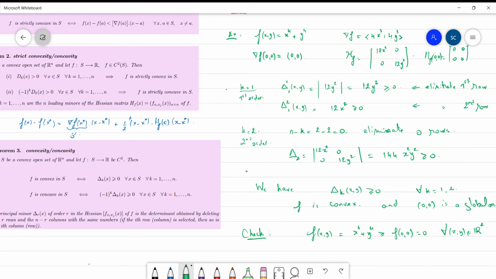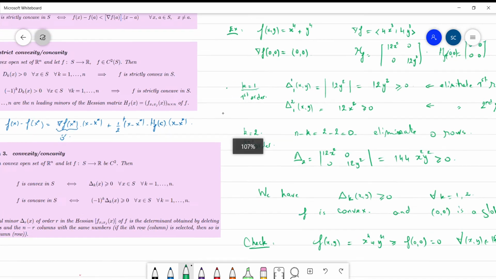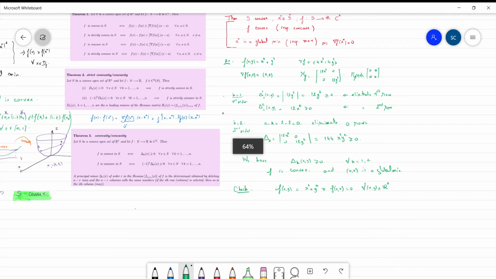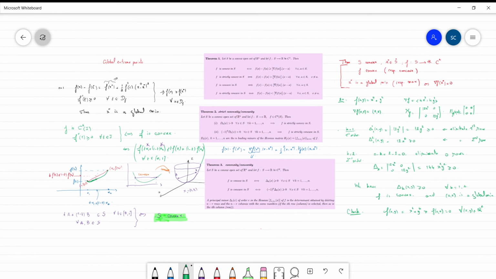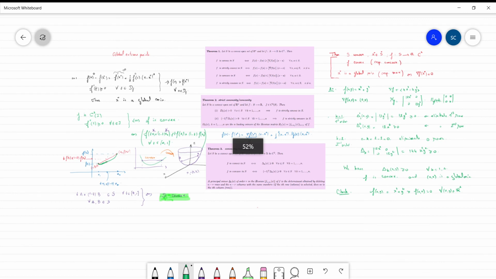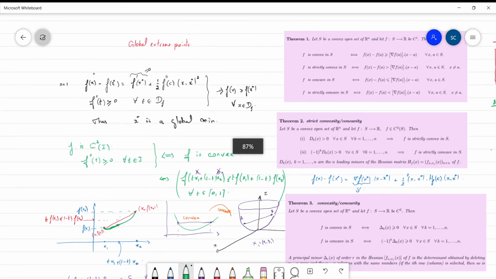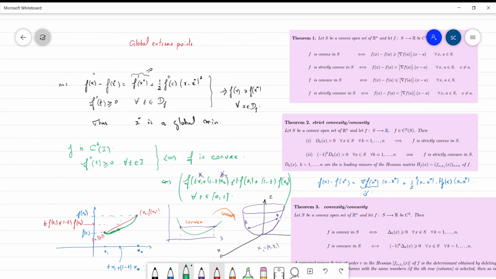This is just what I wanted to say, how we can check global extreme points using convexity and concavity.